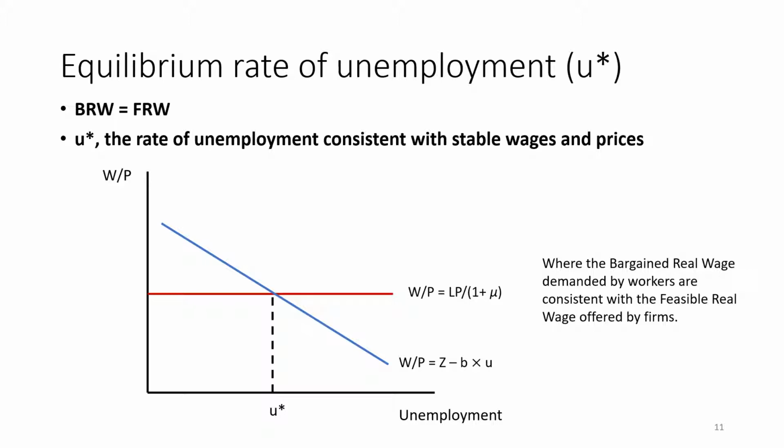Incidentally, as we will see, this equilibrium rate of unemployment is where wages and prices are also stable. So that is basically why it is called the NAIRU, or the non-accelerating inflation rate of unemployment. At that rate of unemployment U star, there is no pressure on wages or prices in this economy to accelerate or decelerate.